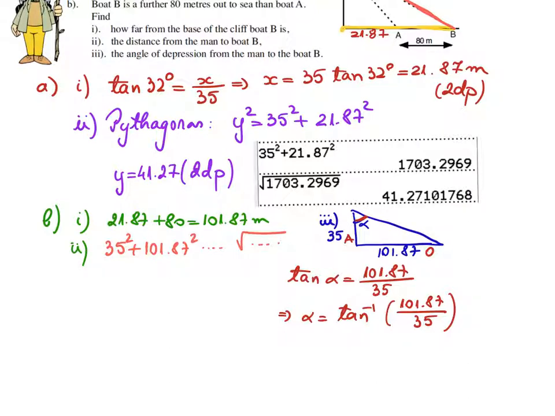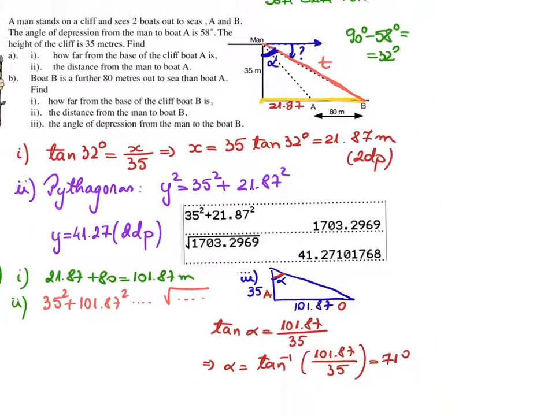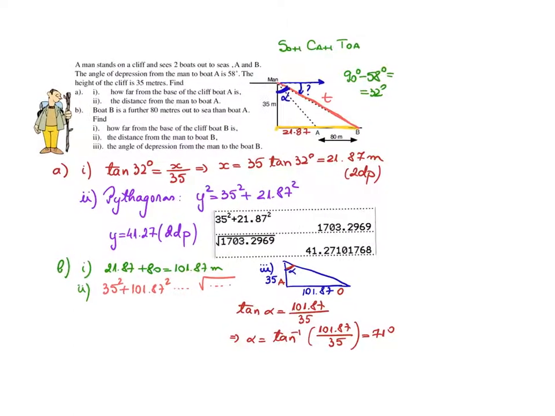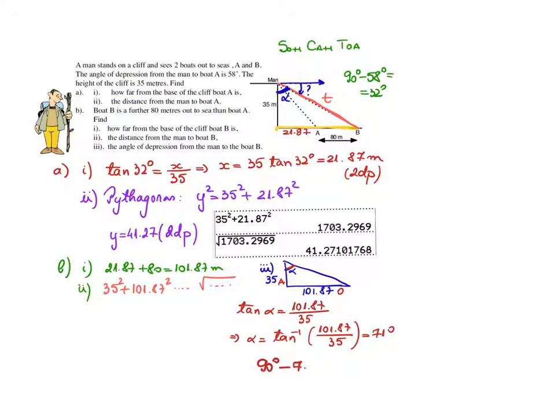And in this case, my calculator gives me 71 degrees. Therefore, alpha is 71 degrees. So the angle of depression that the question asked for is 90 degrees minus 71 degrees, which will give me 19 degrees. And that's the answer to my question.